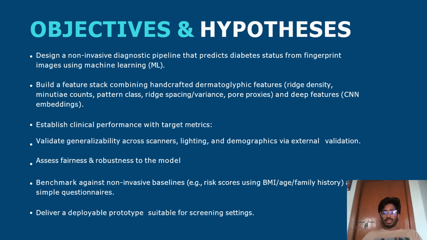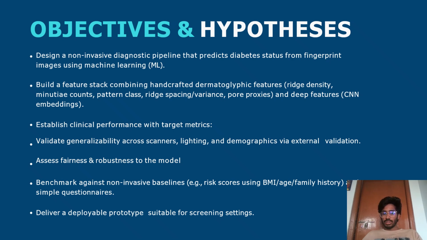Objectives and hypotheses. Design a non-invasive diabetic pipeline that predicts diabetes status from fingerprint images. Build a feature stack of handcrafted dermatoglyphic features like ridge density, minutiae counts, pattern class, ridge spacing variance, and proper proxies, and deep features like CNN embeddings. Establish clinical performance with target metrics.